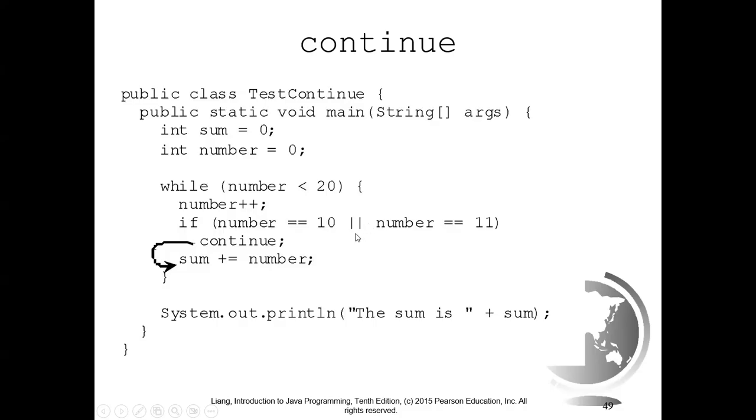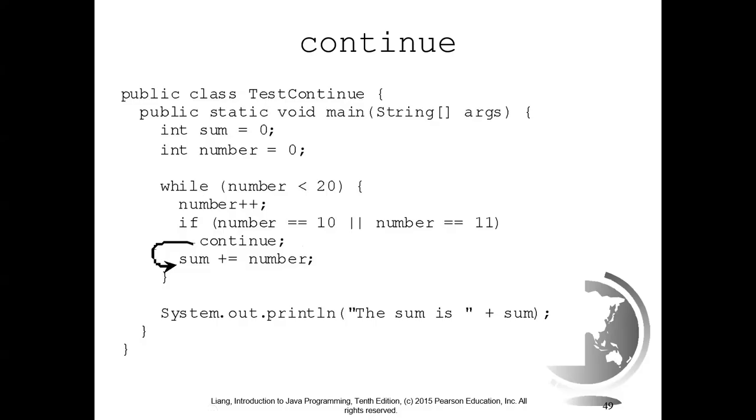And this is or. As long as one of the conditions is met, we will execute the continue keyword. That means if the number is 10, we do not execute the sum plus equal number. We do not execute this line. Rather, we will directly go back to the number plus.